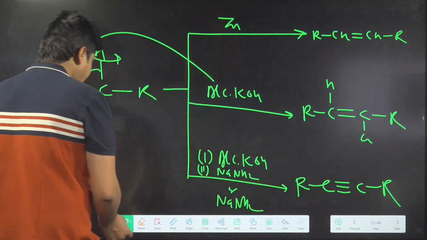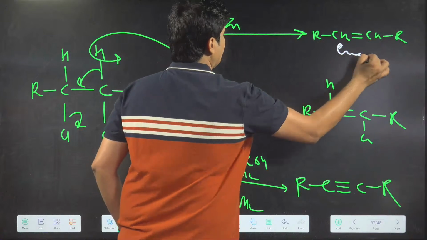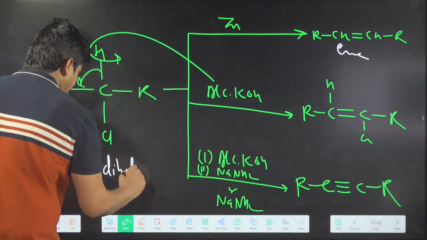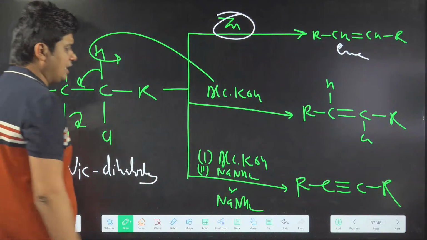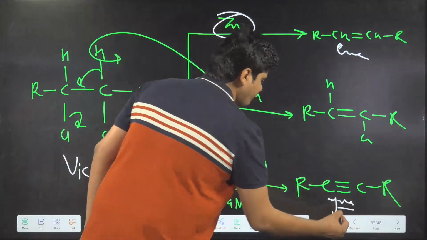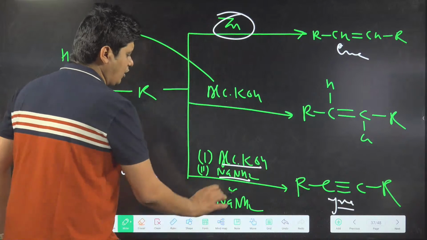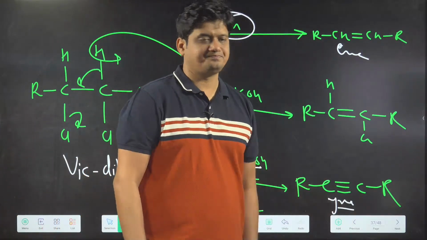So what we can conclude, if we want to prepare alkene from vicinal dihalide, select zinc. And if you want to prepare alkyne from vicinal dihalide, select alcoholic KOH followed by sodamide, or sodamide. Alkyne will form.